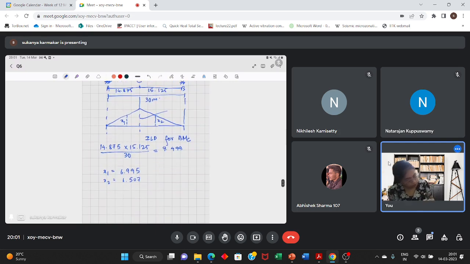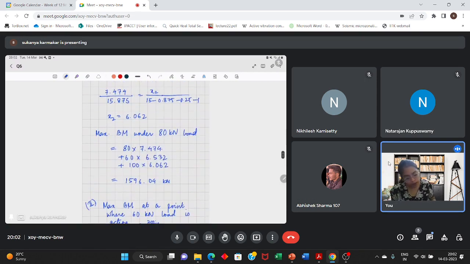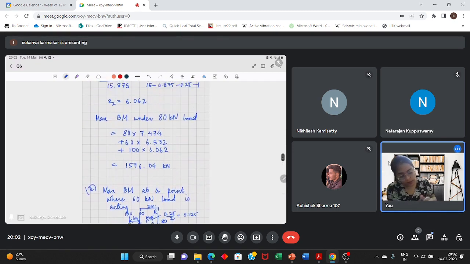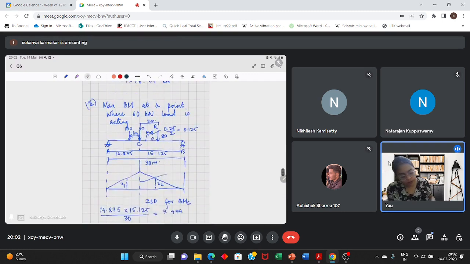And again, if you calculate the maximum bending moment under this situation, let's not use this terminology because it is confusing.